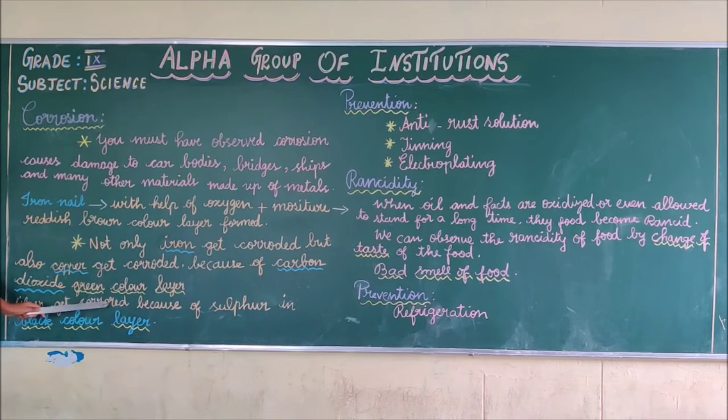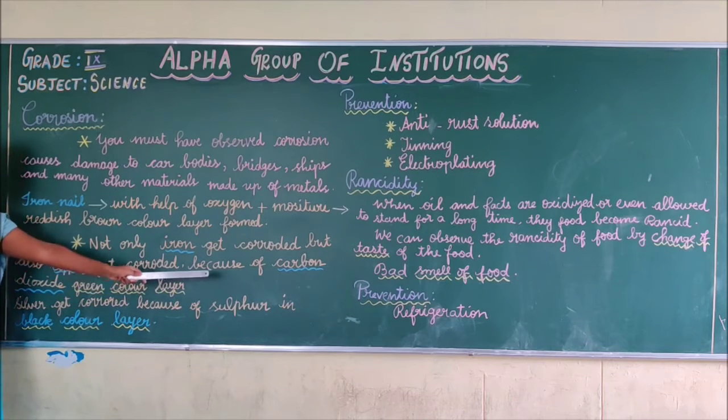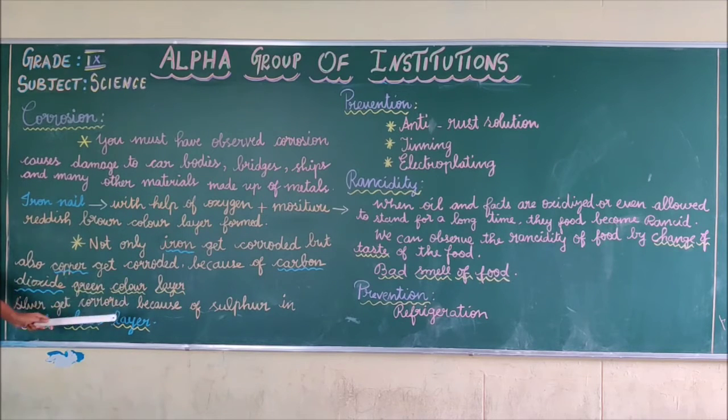Next, silver also gets corroded because of sulfur present in air. Do you understand why silver and copper get corroded?